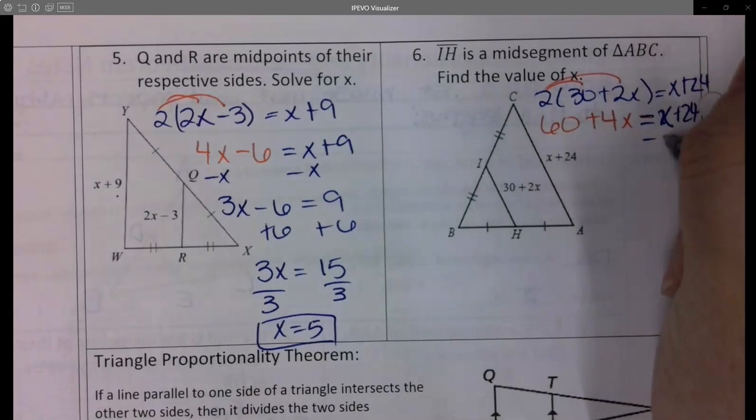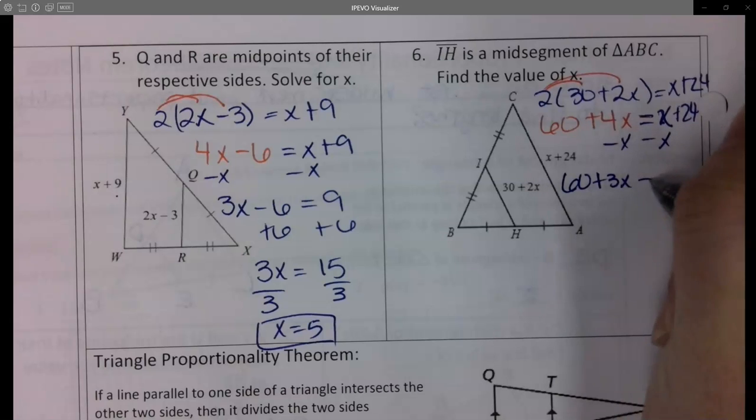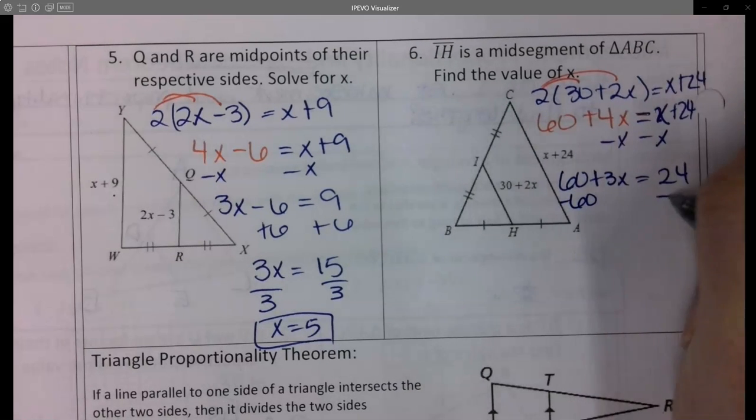So again, I want to get all of my x's to the same side. I'm going to subtract x on both sides. That's going to get me 60 plus 3x on the left and 24 on the right. Then I want to go ahead and subtract 60 on both sides.